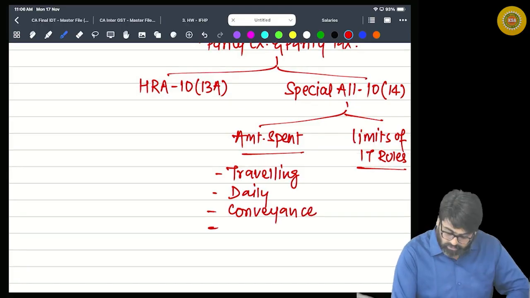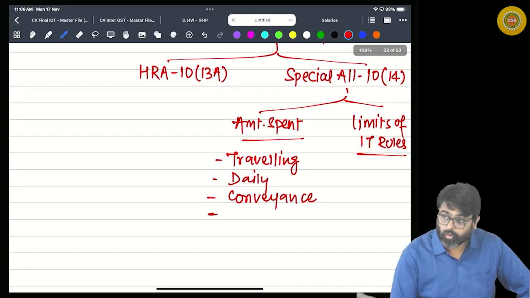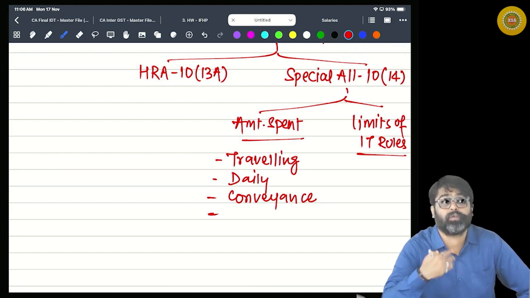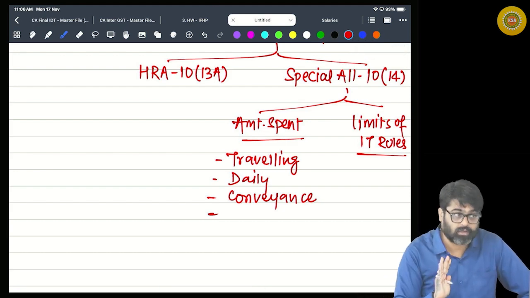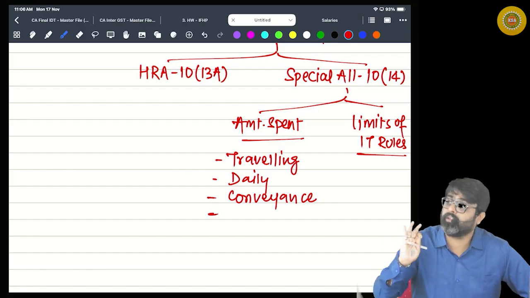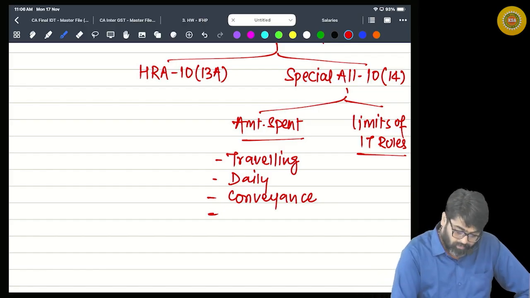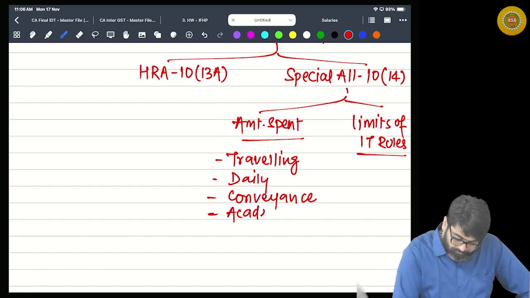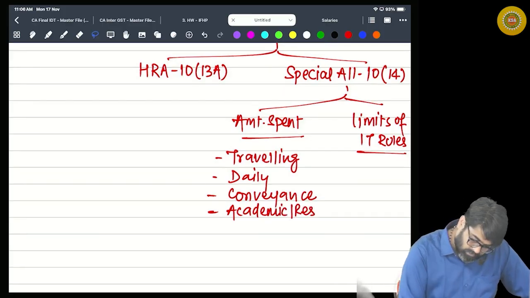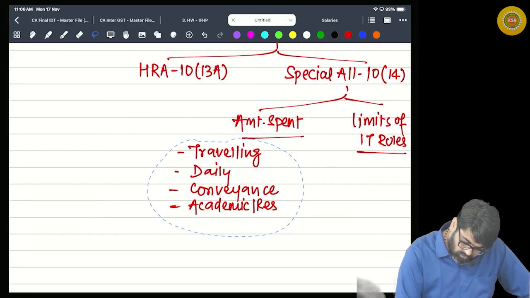Next one, conveyance allowance is also known as motor car allowance, scooter allowance, diesel allowance, petrol allowance. These are the different names given to conveyance allowance. If any name is given, understand that this is conveyance allowance. Then academic or research allowance. Getting it or not?